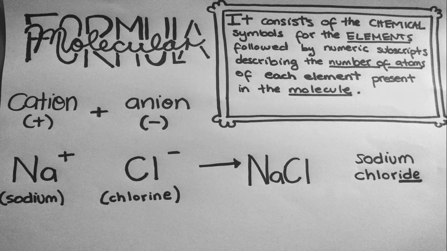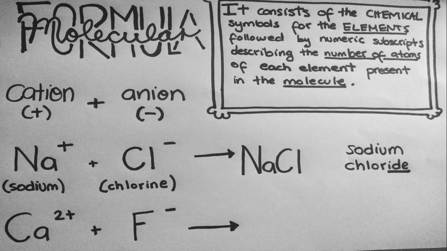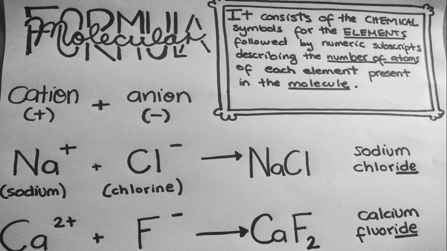We have another example that is calcium and fluorine. When we mix the cation of calcium, which has a charge of 2 positive, with fluorine, which has a charge of negative 1, we get calcium fluoride. So in one molecule of calcium fluoride, we see the chemical symbols.